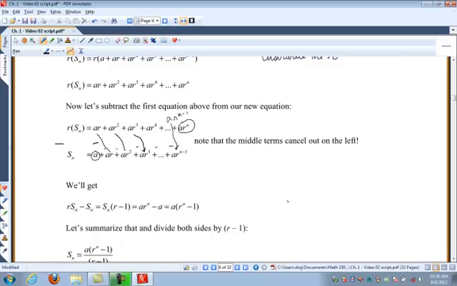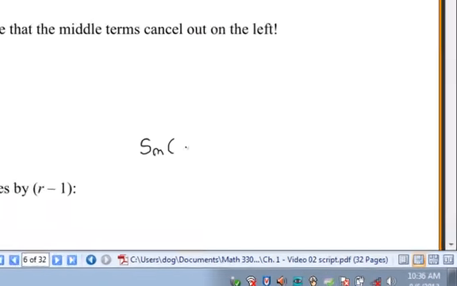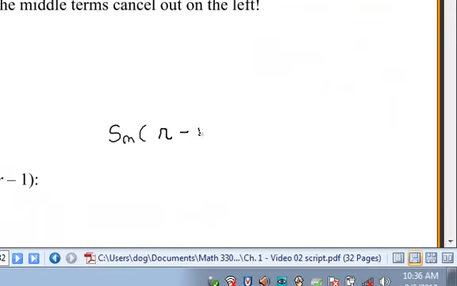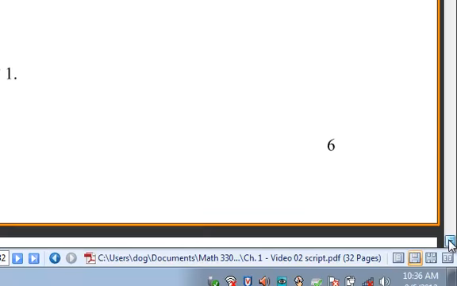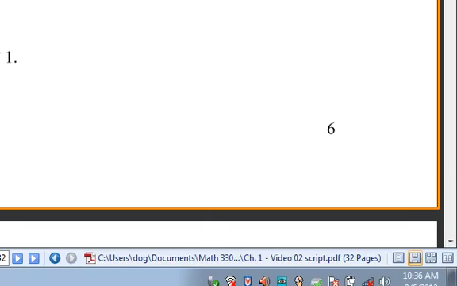Let's look at this. Picking out the two factored sides, this is S sub n times R minus 1 equals A times R to the n minus 1. Now I'm going to divide both sides by R minus 1. Here we go.